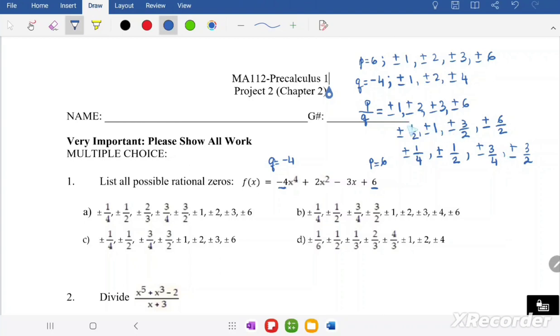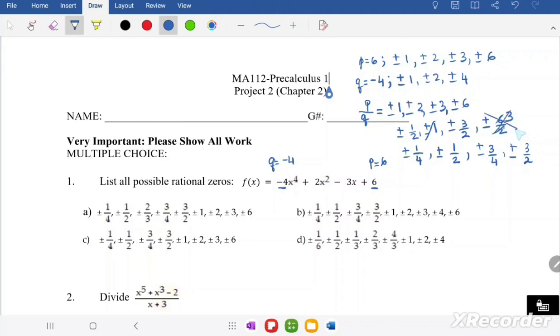And so we will see that there are some common values, all right? So we will eliminate this because we already have a plus minus 1. And then, do we have a plus minus 2? No. Plus minus 3. This one, 6 divided by 2, is a plus minus 3.